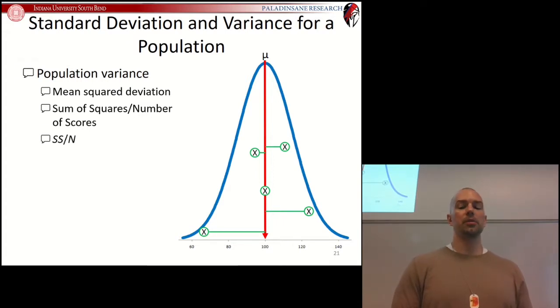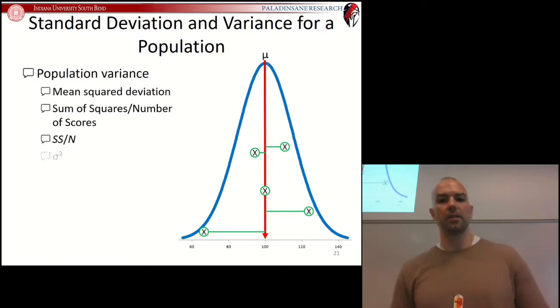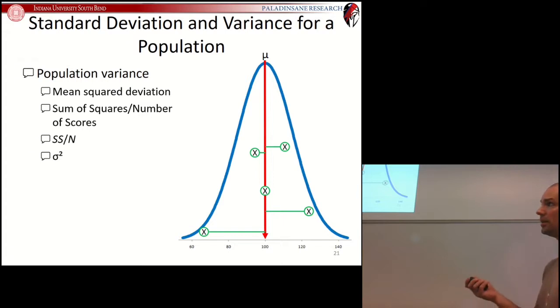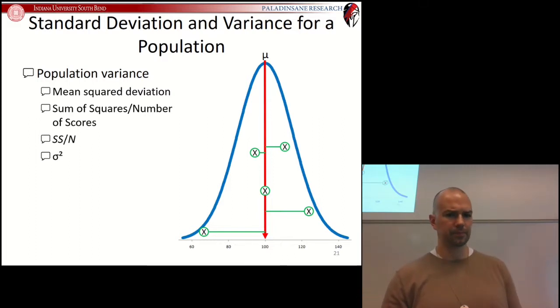So you take your sum of squared deviations, you divide that by the number, you find the average squared deviation, and that is given sigma squared. And again, read that as population variance. So for populations, the terms are the Greek symbols, and this is the one for variance, and you'll see why it's squared in just a little bit. But sigma squared, that's the symbol for population variance.